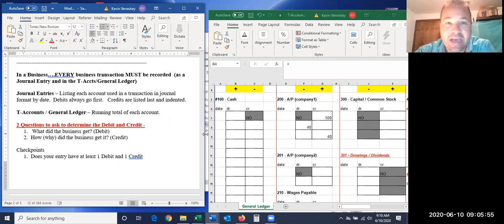So it takes me down here to the final piece of page 2. In a business, everything that happens, even if cash isn't necessarily involved, needs to have a journal entry. If you got something or you earned something, typically those are the two things that happen, you're going to need a journal entry. Everything gets a journal entry.